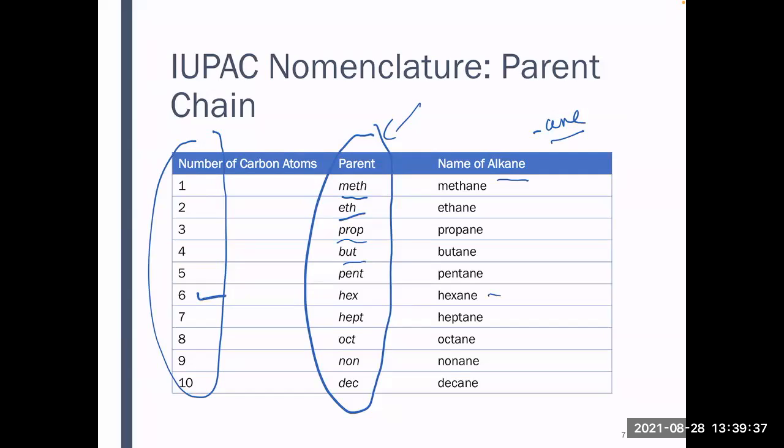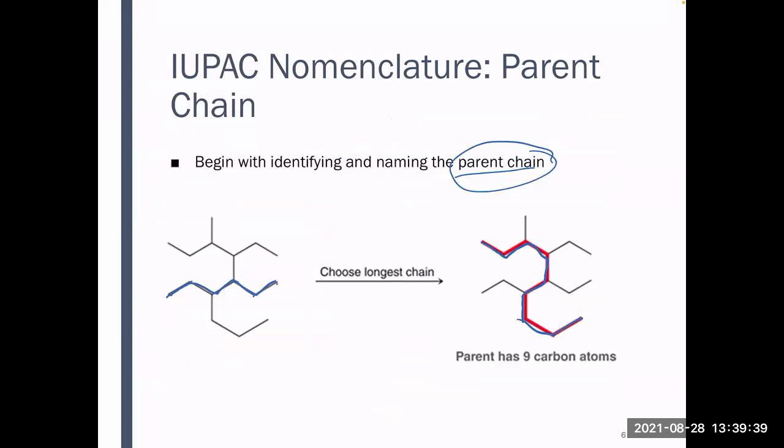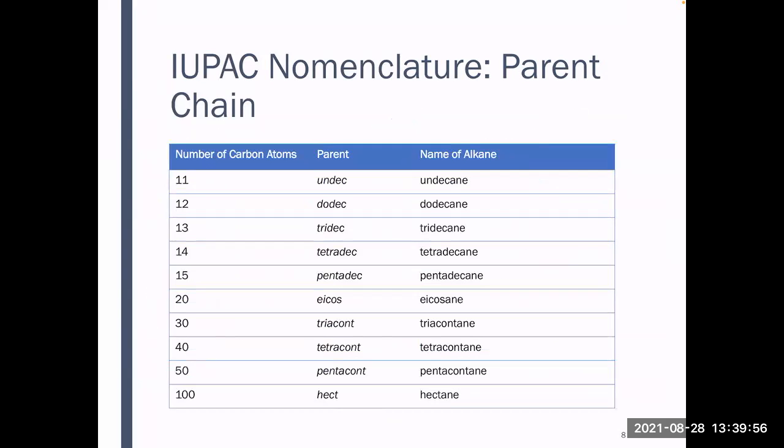So if we go back here, our parent chain has 9 carbons. So the prefix for 9 carbons is non. And since it's an alkane, it'll have -ane at the end. So the name of the parent chain here is nonane. Here, this goes on and shows you more.